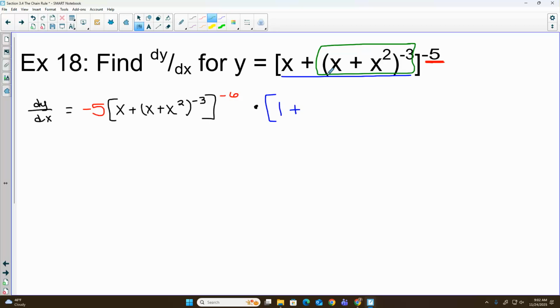I can't distribute it to each of them because there's only one term. What would I have to do to get that? You just get the inside derivative. Okay. Wait, so it would just be parentheses, 1 plus.